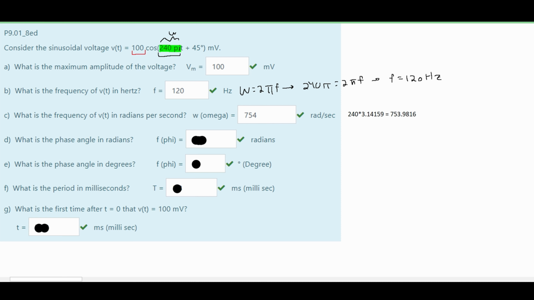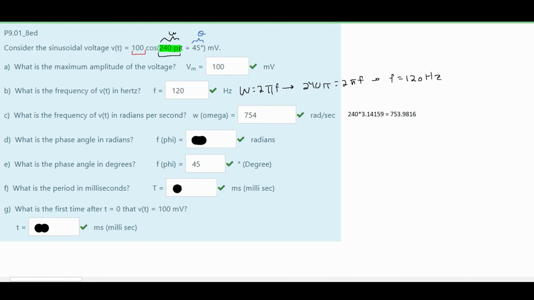Next, we were asked, what is the phase angle in radians? Our phase angle, if we look in the formula linked below in the notes, is this last part right here, this 45 degrees. For part E, if we erase this, we see that we get 45 degrees. So for part D, all we have to do is convert this to radians.